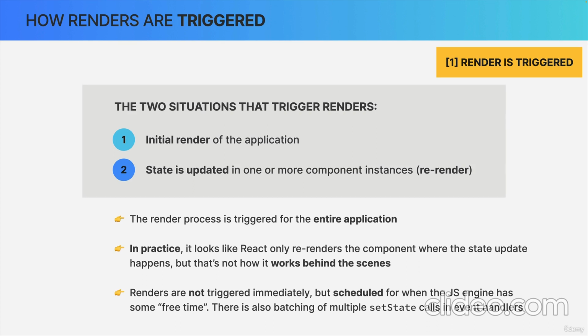There are also some situations, like multiple set state calls in the same function, where renders will be batched, as we will explore a bit later. So, this is how renders are triggered, which is the easy part. What follows is the hard part, which is the actual rendering. And so let's learn all about that in the next video.